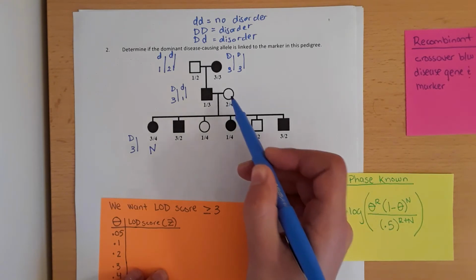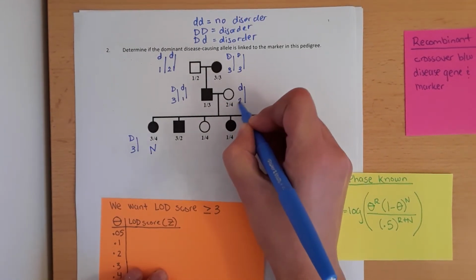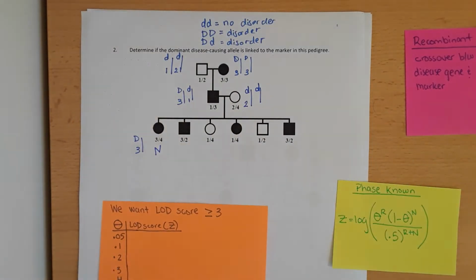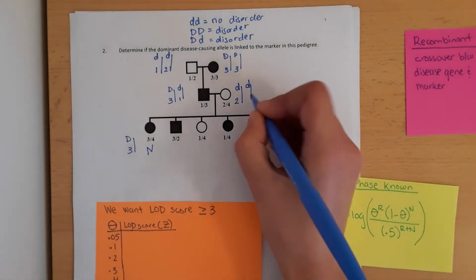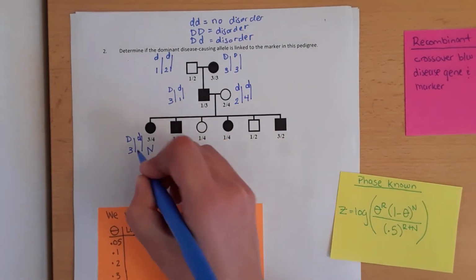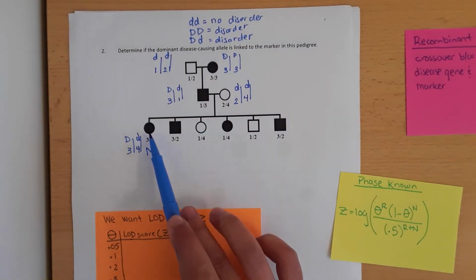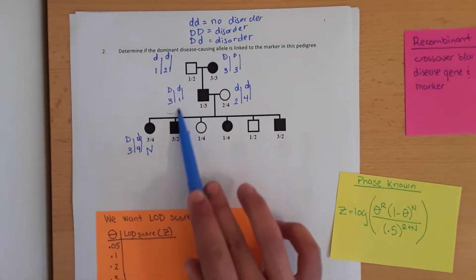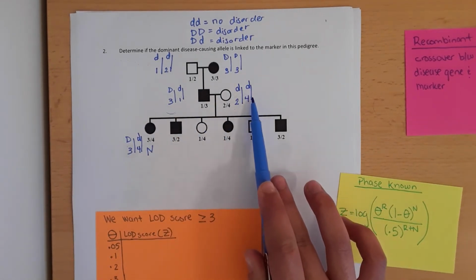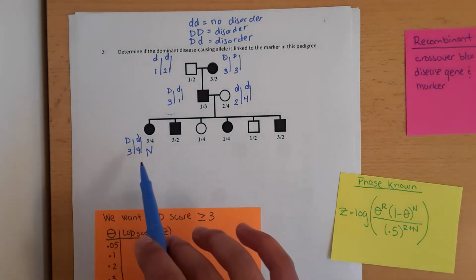And we can also pull apart from this person, but this is going to be homozygous like this. So they can only give a small d. So this person got this from dad, and then the small d4 from mom. And again, it's non-recombinant because no crossover occurred.